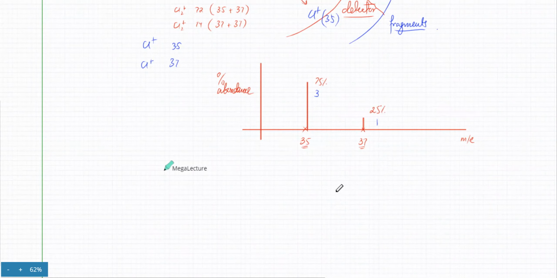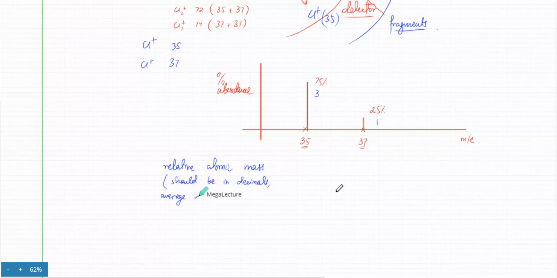So there's a simple formula for finding relative atomic mass. Now, relative atomic mass, remember, should be in decimals. I told you right in the beginning, it's never a rounded value. Plus, it's the average mass of isotopes based on the relative abundance.